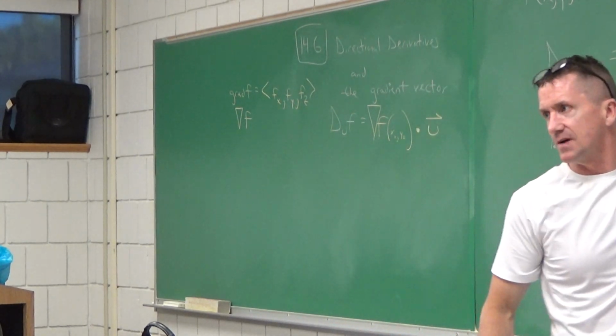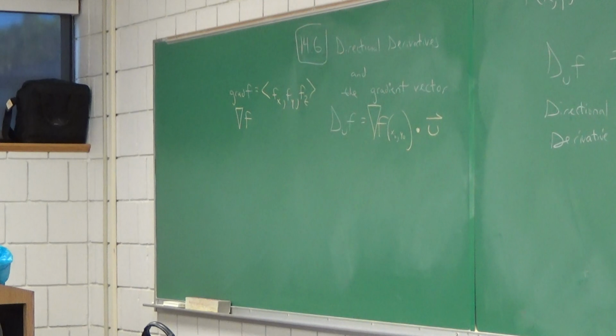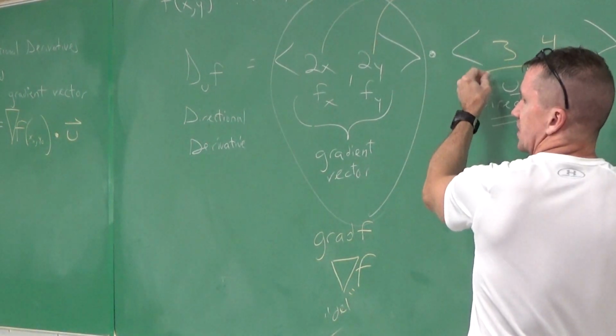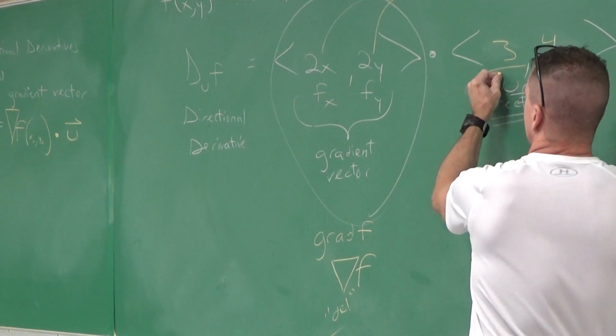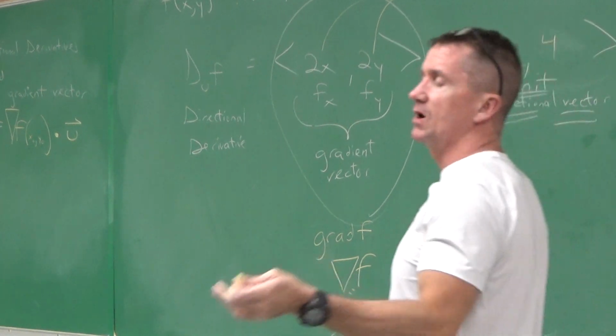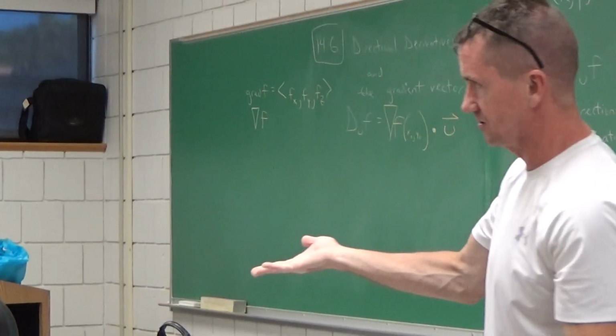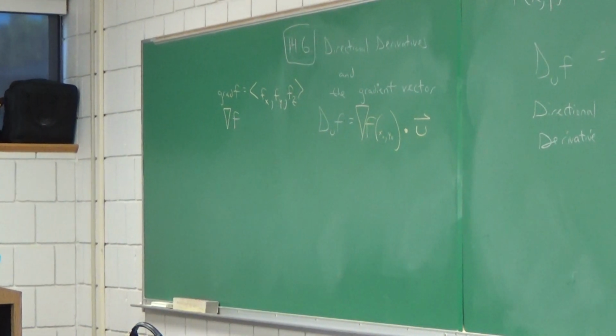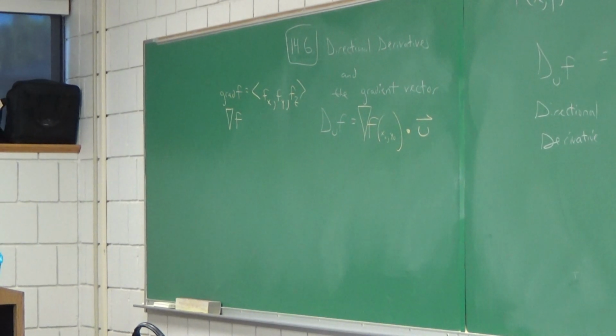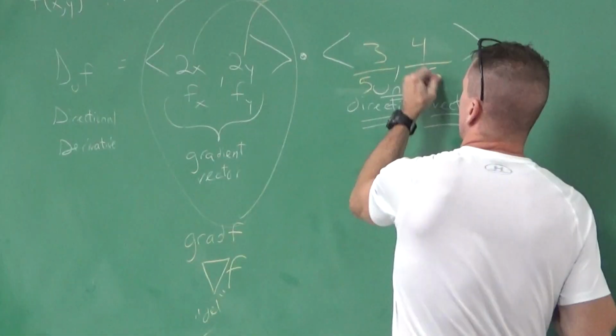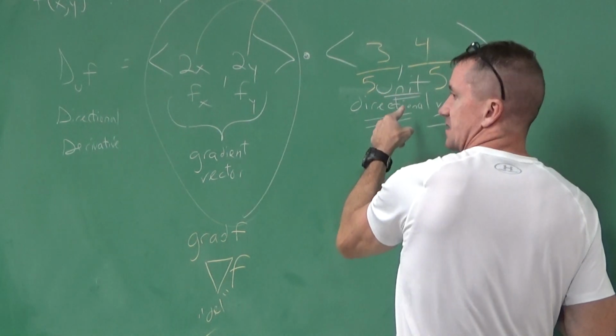But that's not a unit vector. So, anybody know a unit vector in the direction of 3, 4? Yeah, I've got to divide out the magnitude from this and I'll have a unit vector, right? What's the square root of 3 squared plus 4 squared? 5. There you go. Now if it came out to the square root of 13, I'm going to divide by the square root of 13. That sometimes happens. This came out to be a perfect square. That's a unit vector.